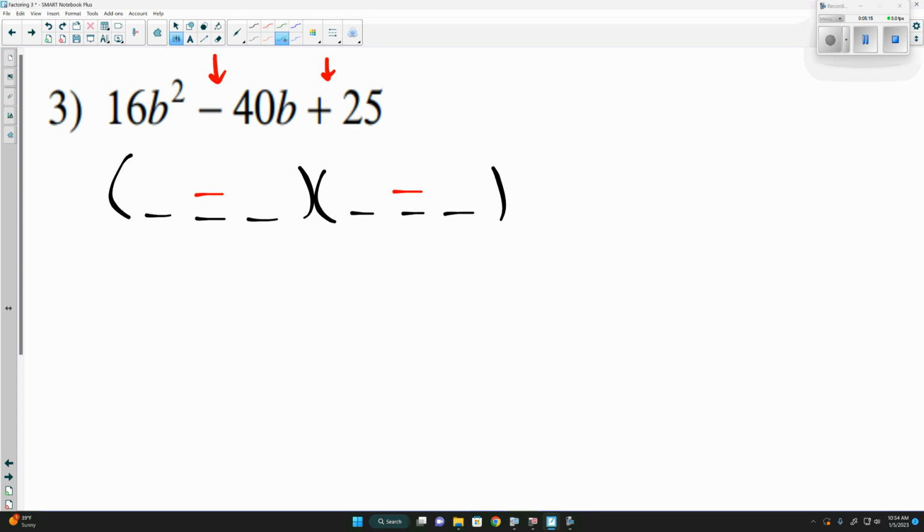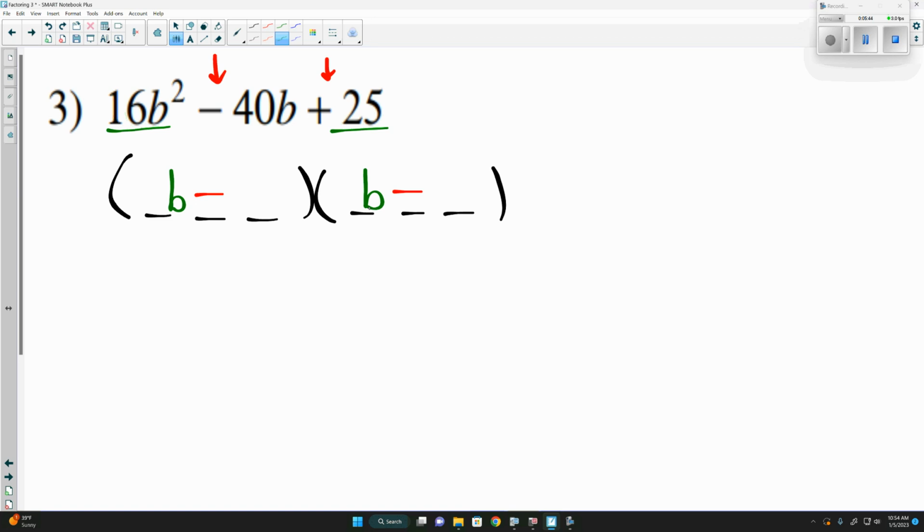Now they don't always have to both be negative. They could both be positive. It'll still work the same. Now we need to find the factors of the first and third term. In this one here, unlike the first one, we don't have one that's nice, so we just have a single factor like we did with 1. But we do know that we will have b and b. We put it in the first space in each one because b squared came first.